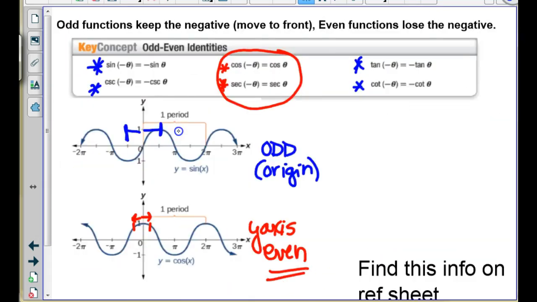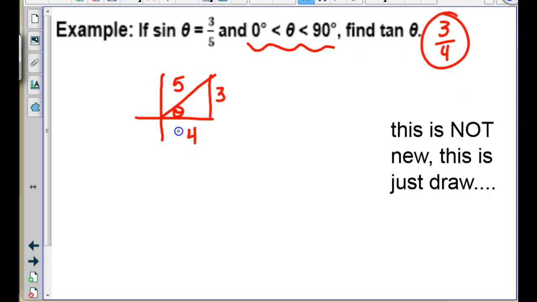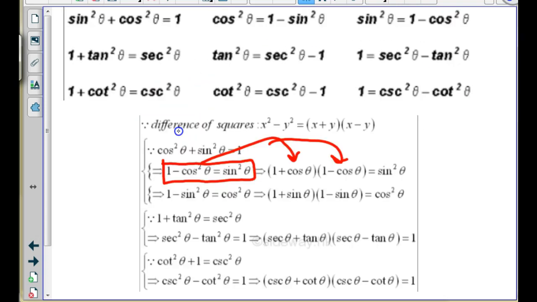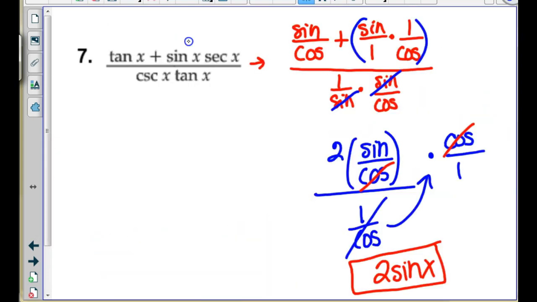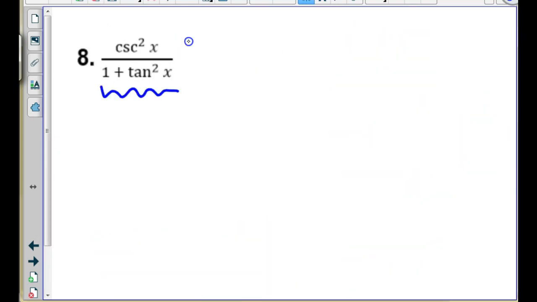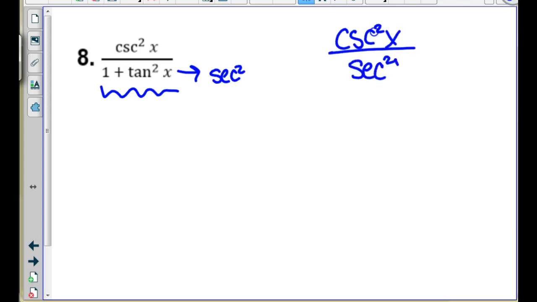Remember these guys we started the day with here? 1 plus tangent squared is a... Okay. So I'm thinking we should make that trade. Make this a trade for a secant squared. So that will give us a cosecant squared over a secant squared. Now what?